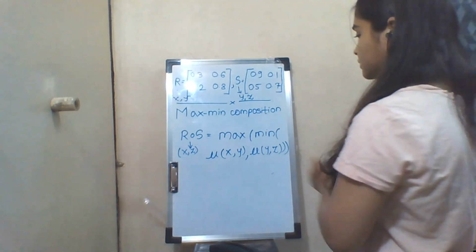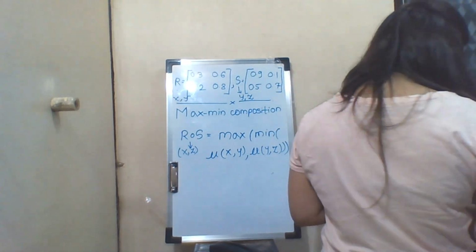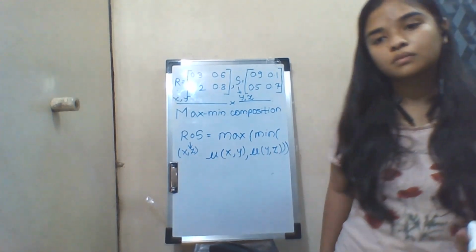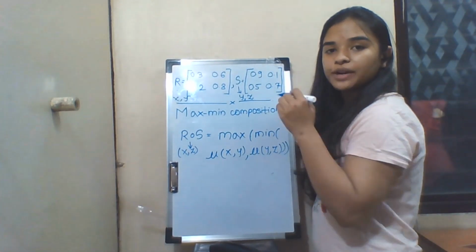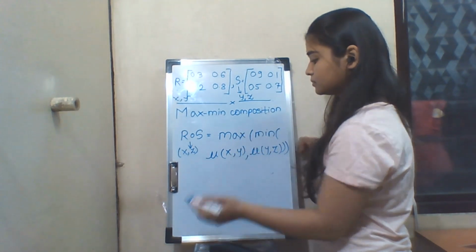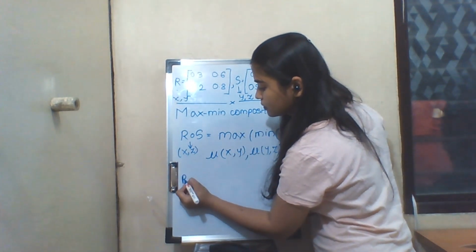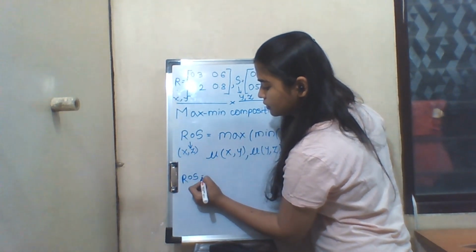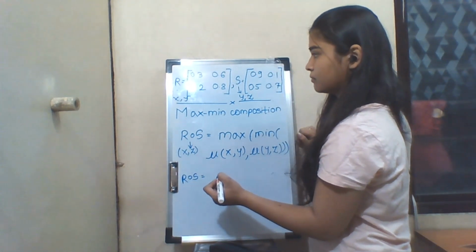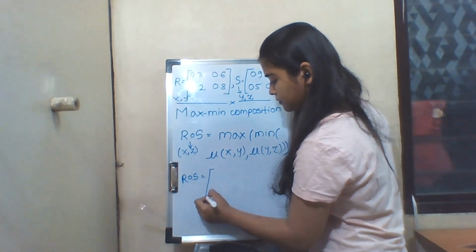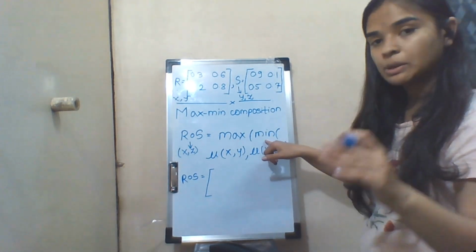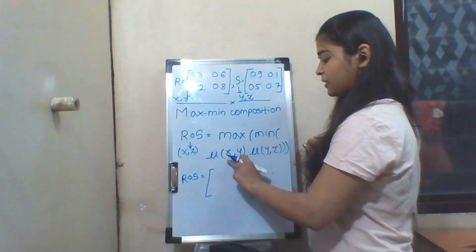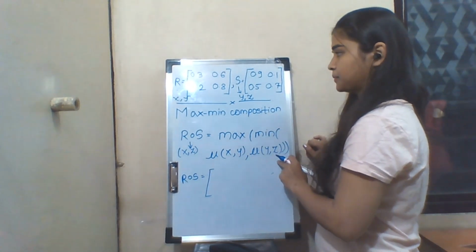Let's try to solve this problem for R and S. R dot S is equal to, here the minimum, let's go step by step. Minimum of mu of xy comma mu of yz.